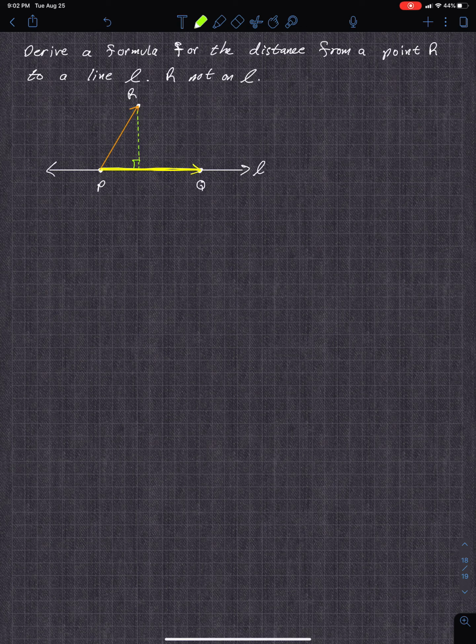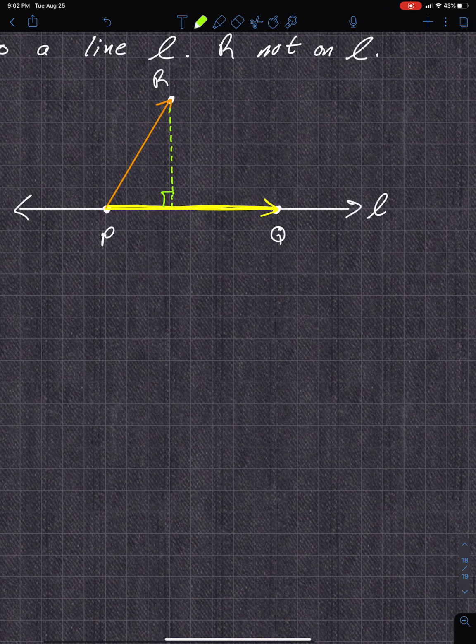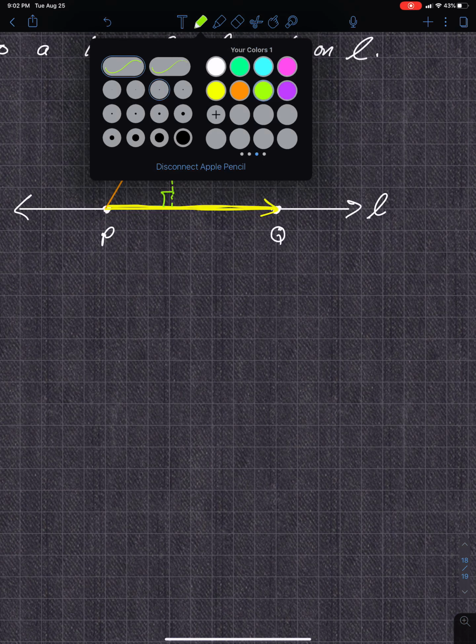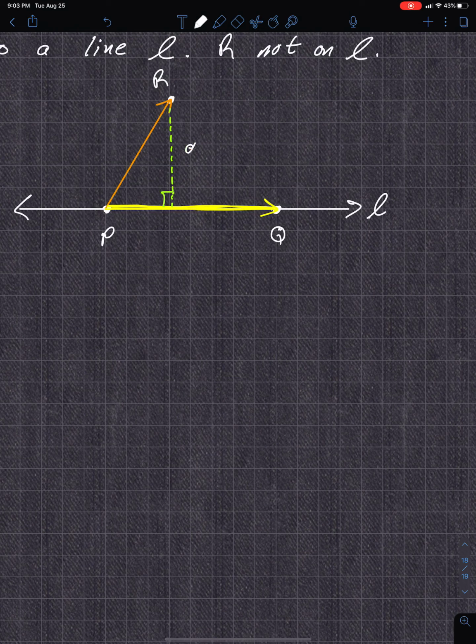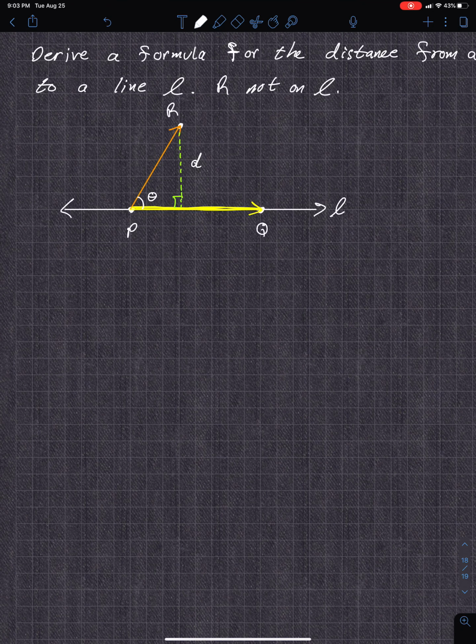So do we see that that's basically a triangle, right? So we have that triangle that we want to calculate the distance D. If we have 2 vectors, we will know that there's an angle between them. So we're going to work towards finding a formula that does not have theta in it. But first we'll start with that.